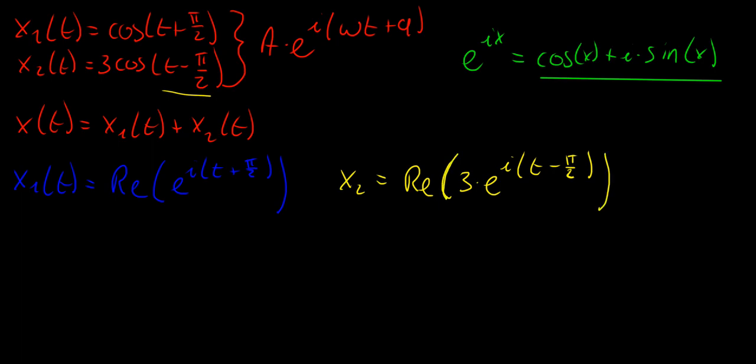Now it's time to add them together. So let's do that in cyan. Let's say we have x(t), which is right now the real part of e to the power i(t plus pi divided by 2), plus, yellow, plus 3e to the power i(t minus pi divided by 2).